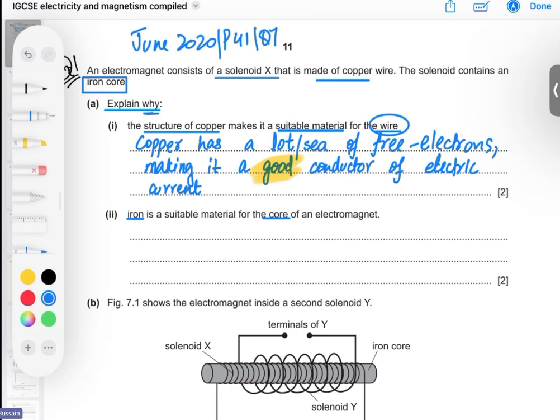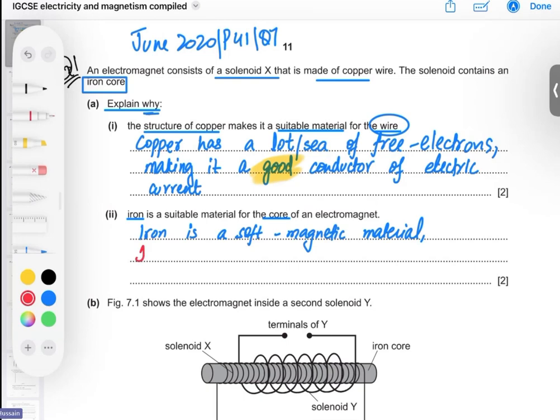So iron is a soft magnetic material. One mark. Soft magnetic material.